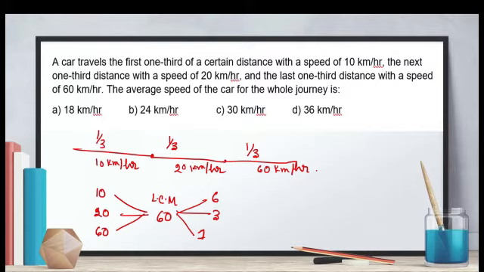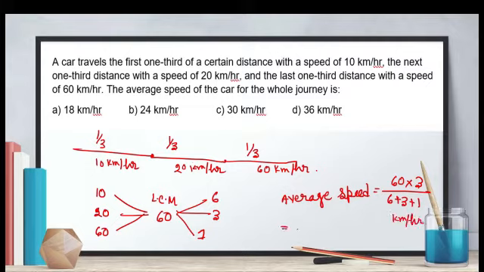Now what is the average speed? Average speed will be total distance, that is 60 into 3, upon total time, that is 6 plus 3 plus 1, kilometer per hour, which is equal to 60 cross 3 divided by 6 plus 3 plus 1, that is 180 divided by 10.